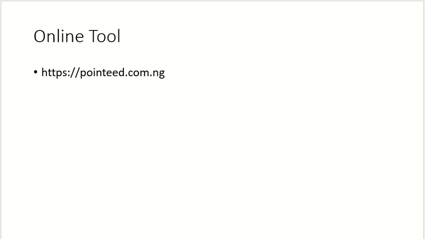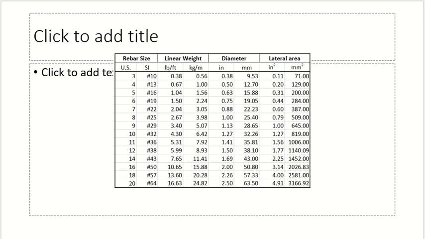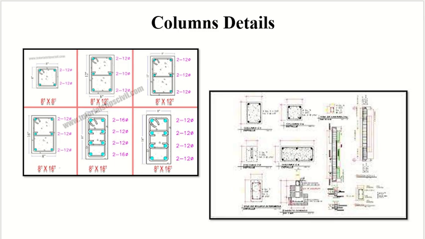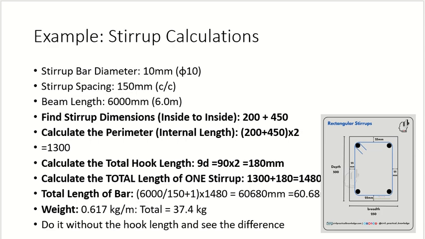This is something which I found. It's an online tool. You can use it to calculate different quantities, but still you need to know how to calculate the quantity. Okay, because the tool may ask you for the length of the hook and you don't know what is the hook.